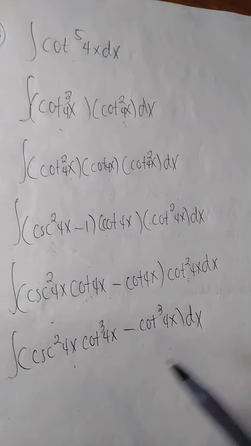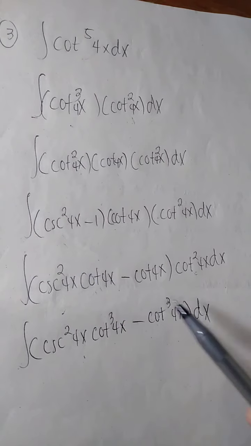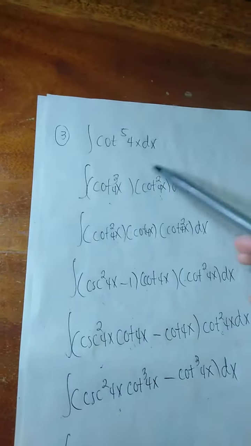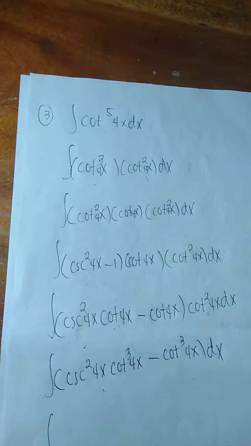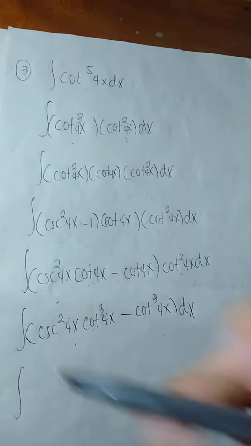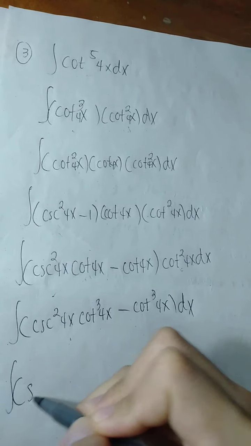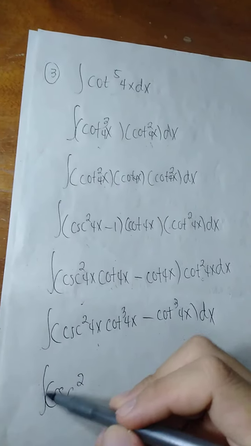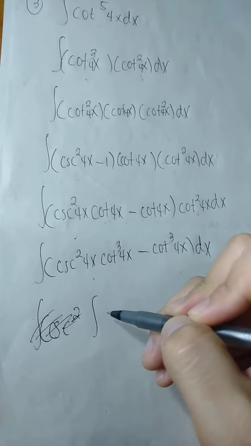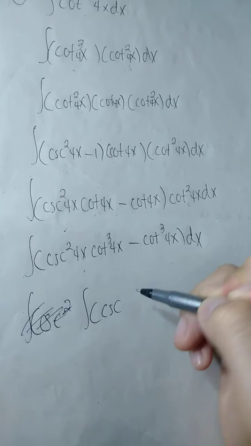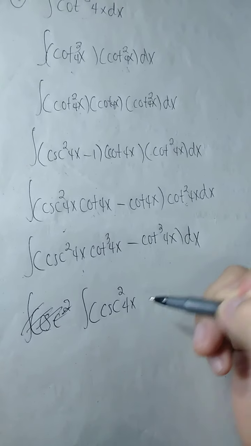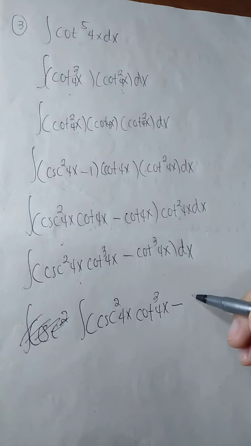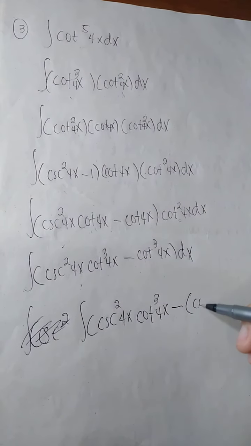So what we're gonna do, we have to separate natin itong cotangent cube. So magiging integral, we have to do again yung first method natin. So factor out tayo ng cotangent square. So magiging cosecant squared 4x cotangent cube 4x minus, so factor out tayo ng cotangent squared.